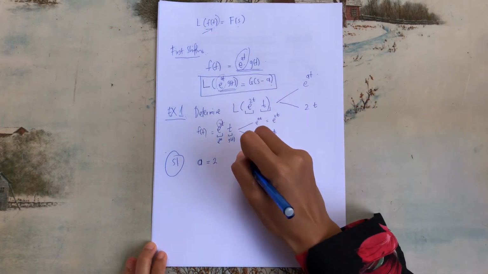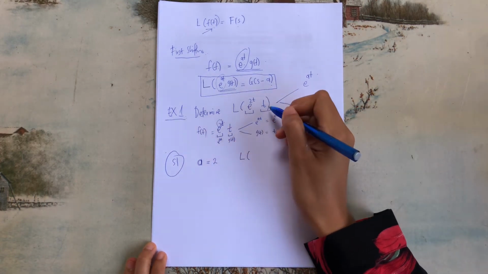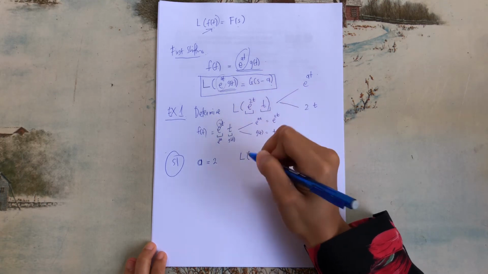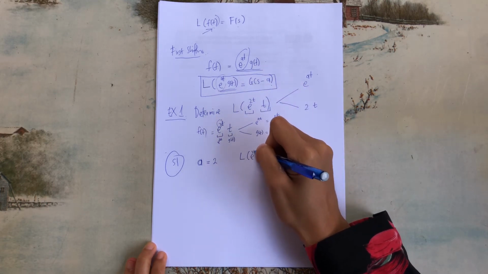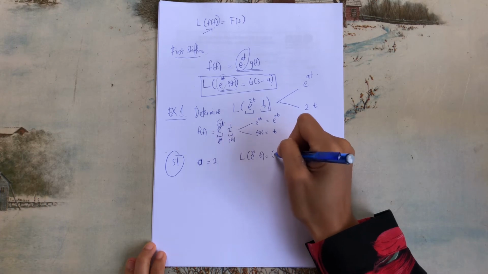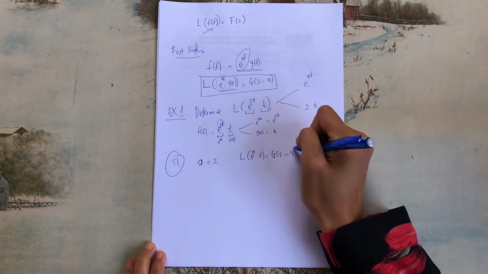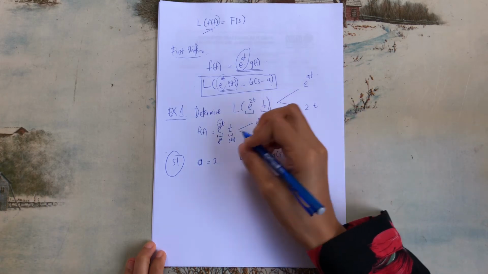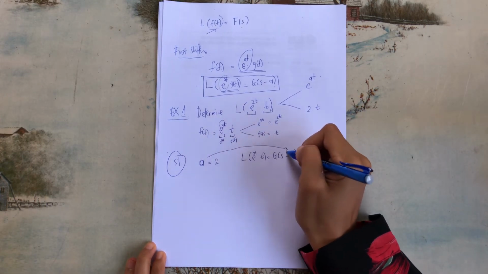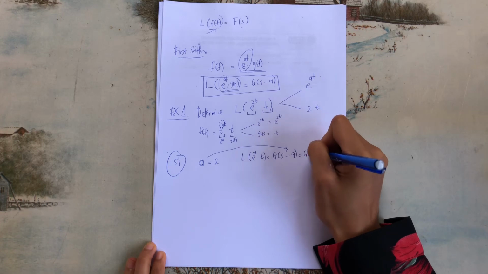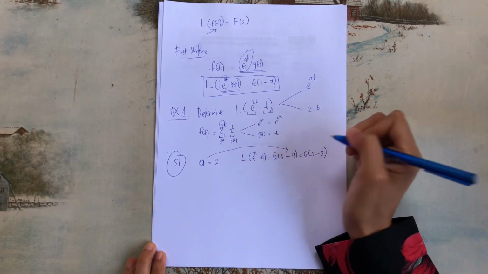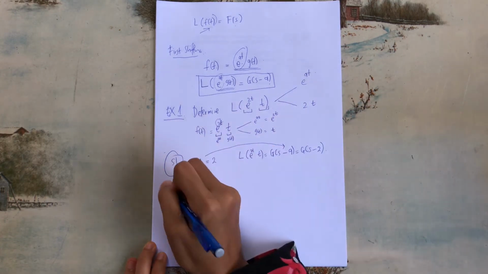Like I mentioned before, the answer for this one is G(s minus a). So what is your a? So, G(s minus 2).